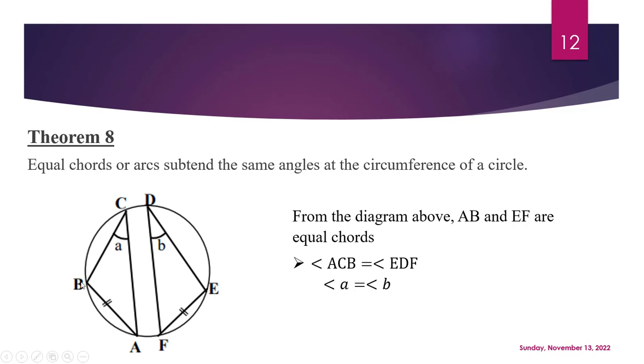Chord AB is equal to chord FE. So you can see from here, this signifies that the line AB and line FE are equal. Alright. So from the diagram, AB and EF are equal chords.